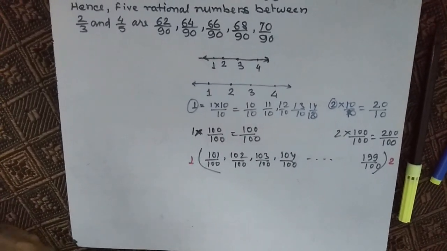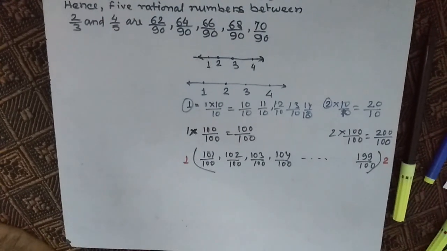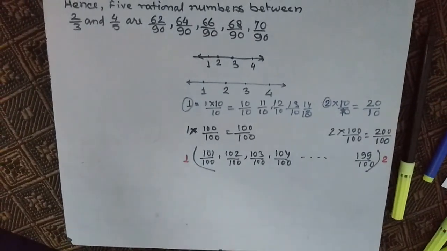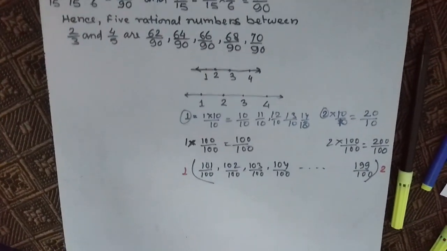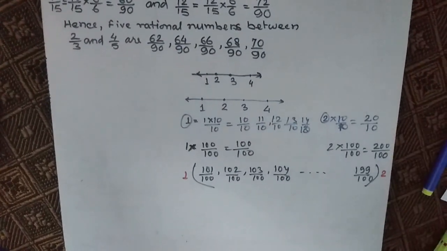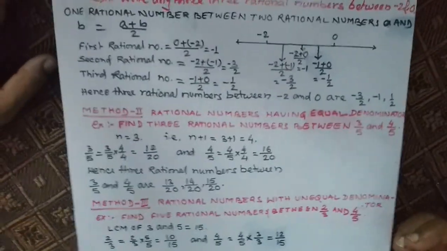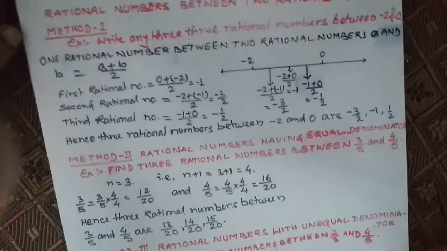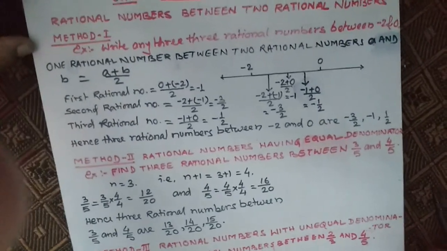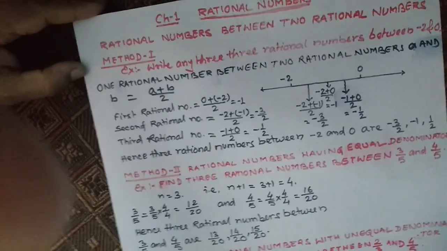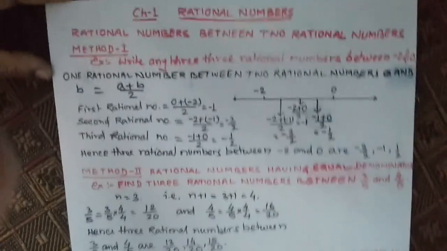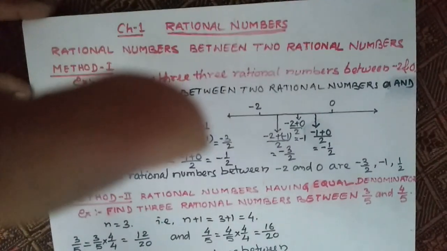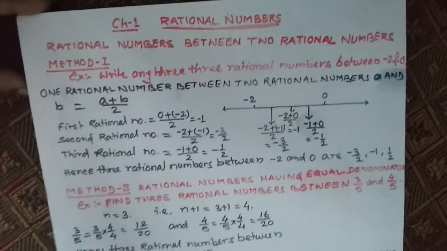Now let us see the methods. How can you find the rational numbers between two rational numbers? I have taken three simple methods. The first method is finding the mean or average.